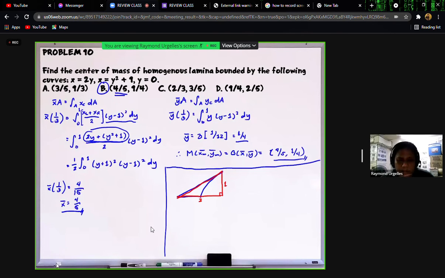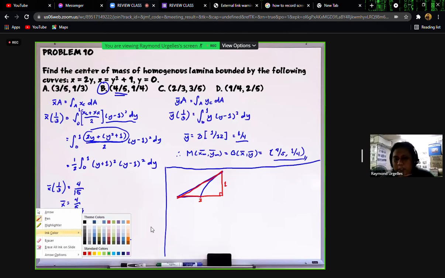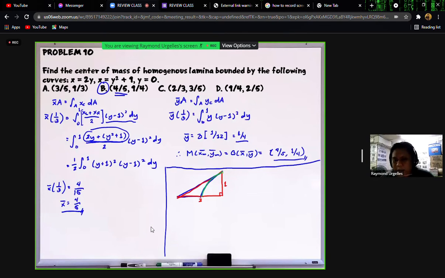Then this parabolic segment will be subtracted from the triangle. Its base is 1 unit and its height is 1 unit. So we already got the area, which is equivalent to 1/3.